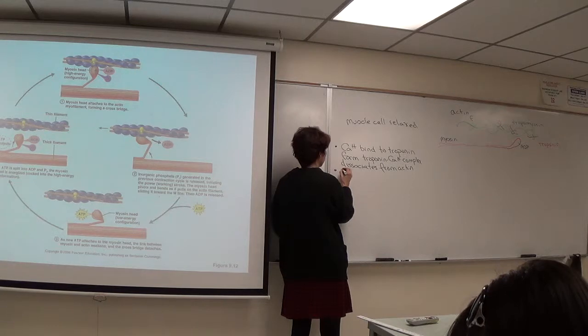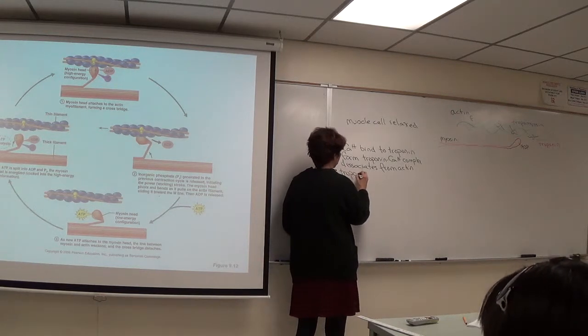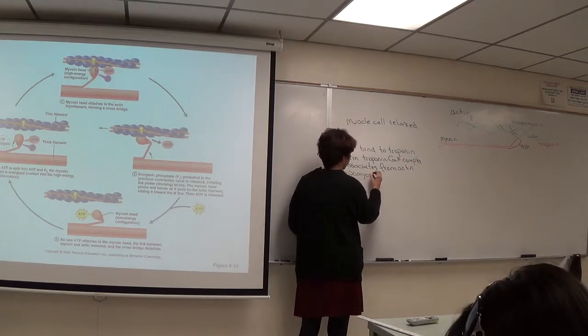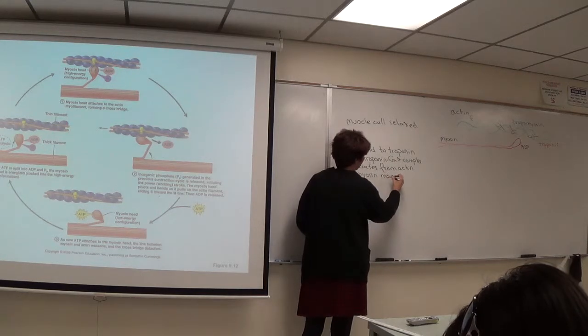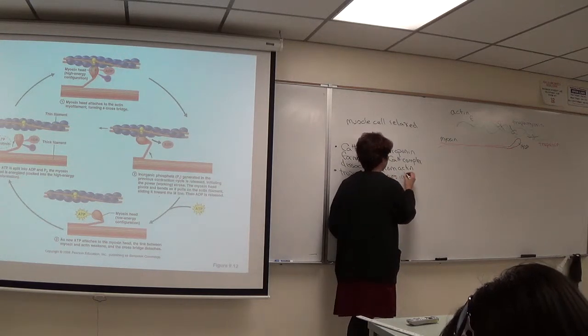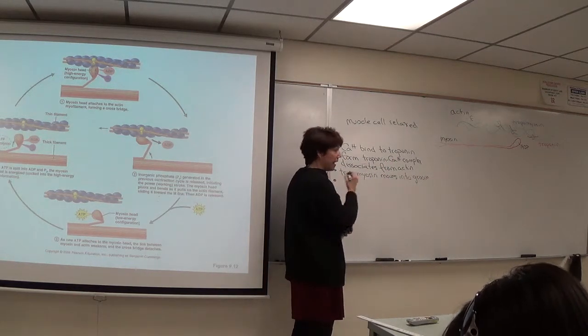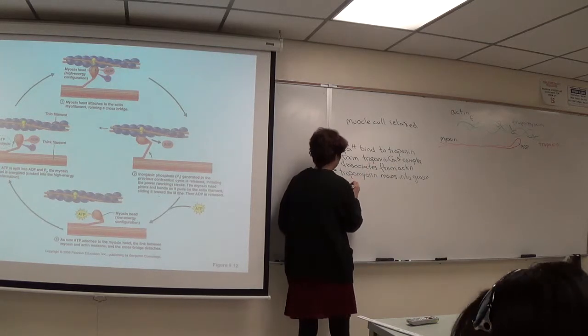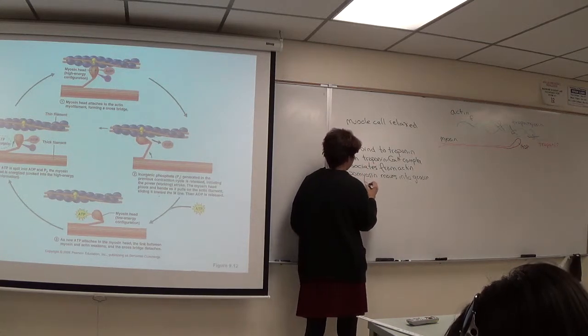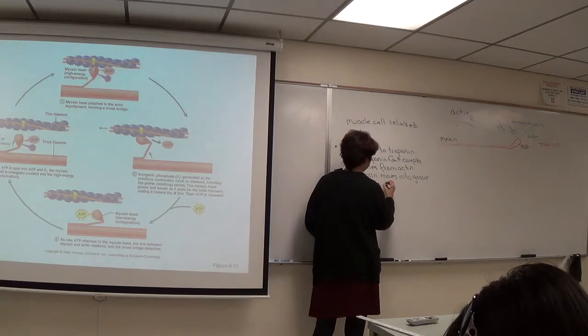Without troponin, tropomyosin moves into the groove. And as a result of that, myosin binds to actin.